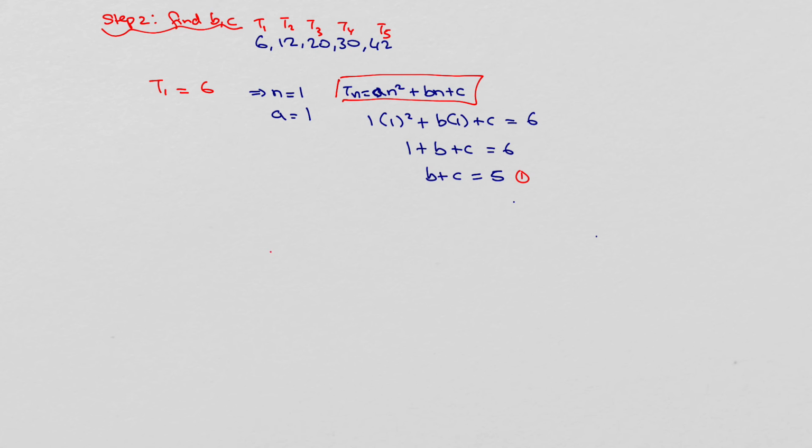So if I look at the second term, it's equal to 12, and that implies that n is equal to 2. A is constant, it's 1.